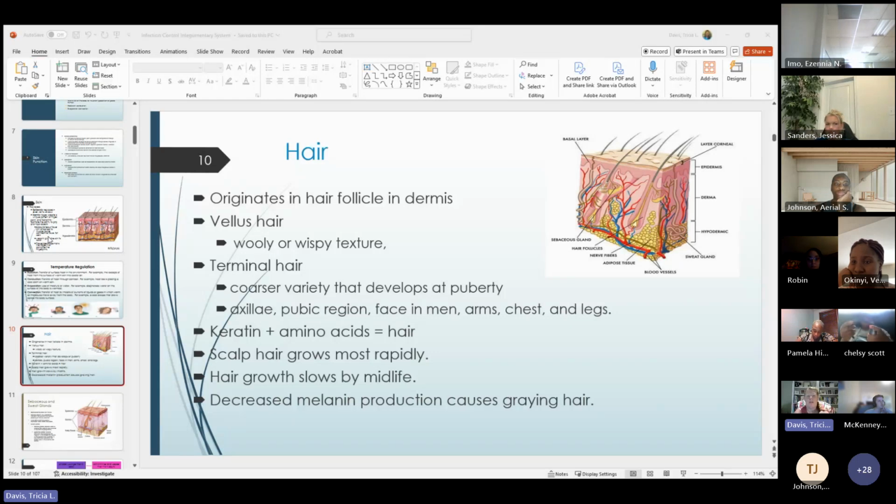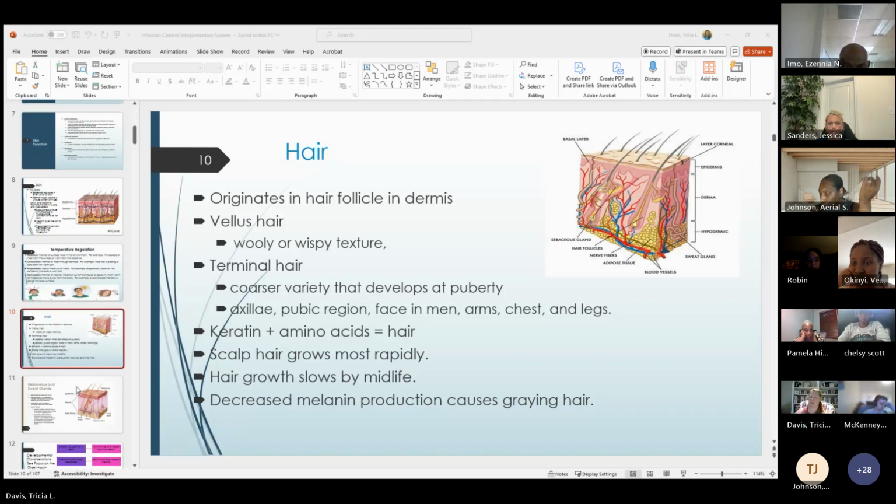Our scalp hair grows the most rapidly. So if you think of all the places where we grow hair on our body, our scalp hair is going to grow the quickest. Our hair growth does slow by midlife. Kind of everything by midlife starts to slow down. And then decreased melanin production is what contributes to us developing gray hair as we get older.